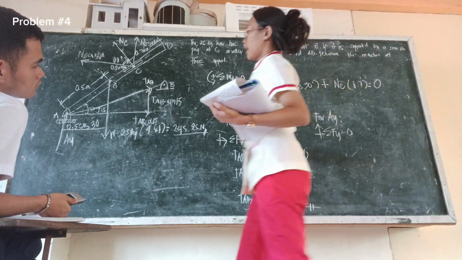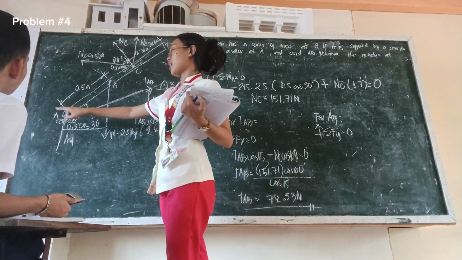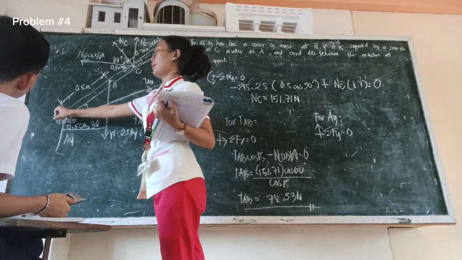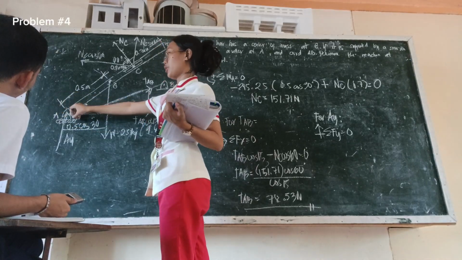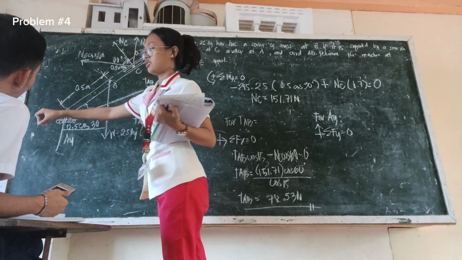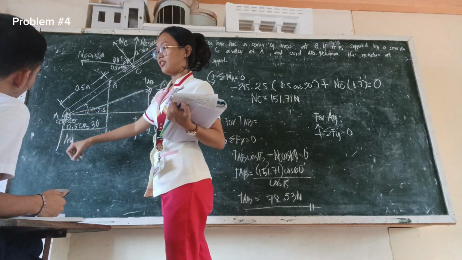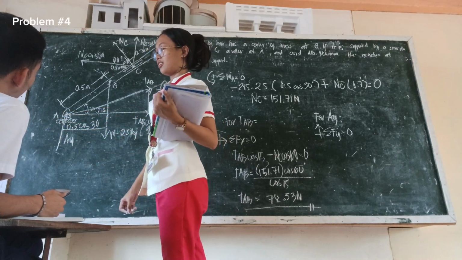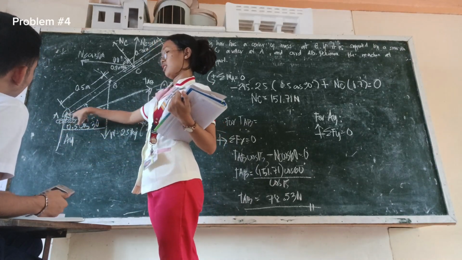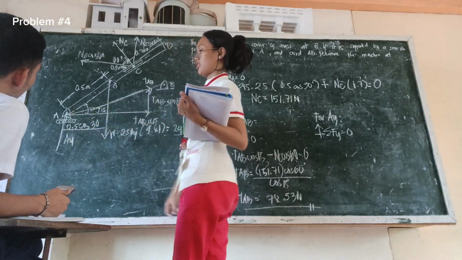Since A has a vertical direction, it only has one support direction, since its support is a roller.